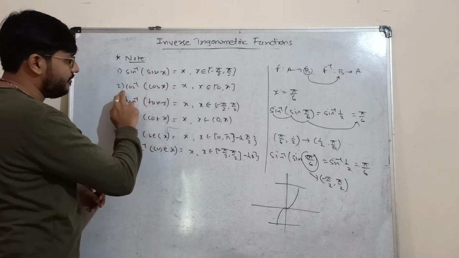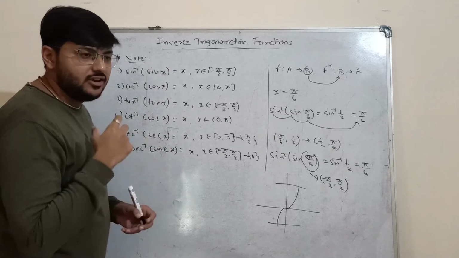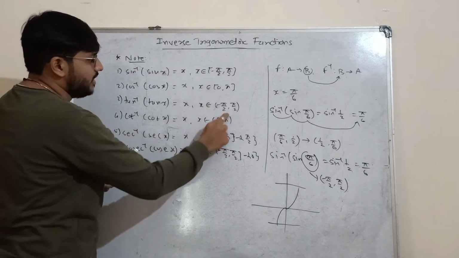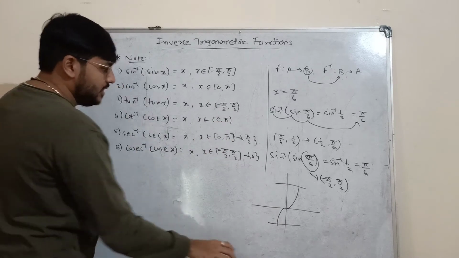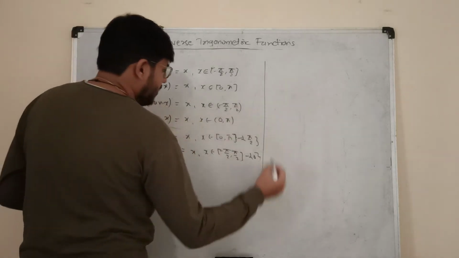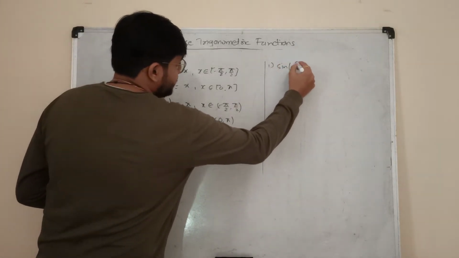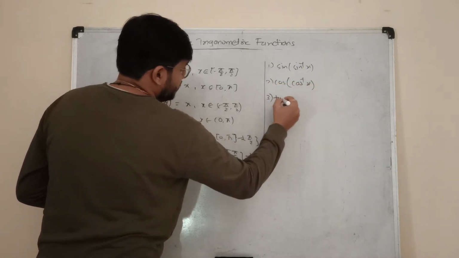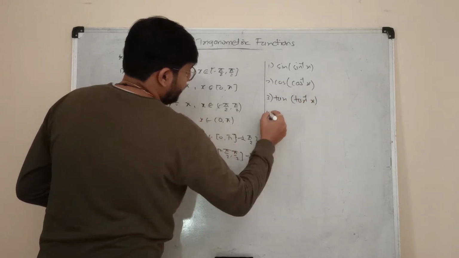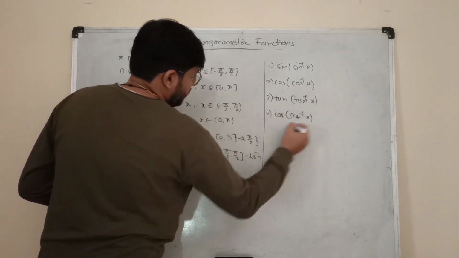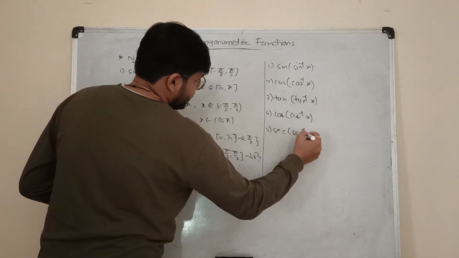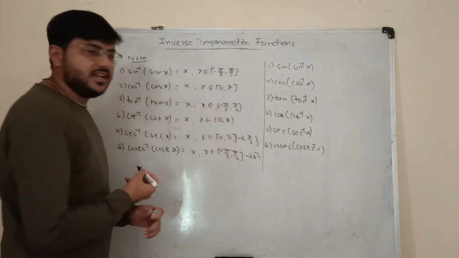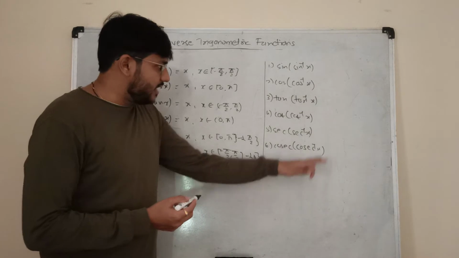Similar to sine, for cos, tan, cot, sec and cosec, whatever function we have, we just have to convert all the angles into the respective domains of the functions. Now you can easily understand that sine of sine inverse x, cos of cos inverse x, tan of tan inverse x, cot of cot inverse x, sec of sec inverse x, and cosec of cosec inverse x all have the answer x.